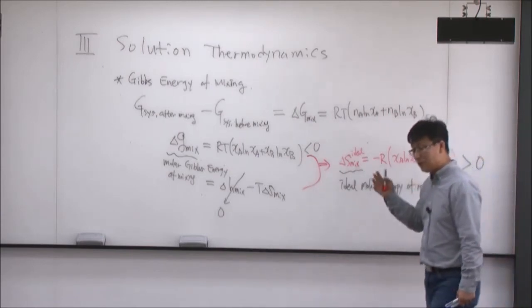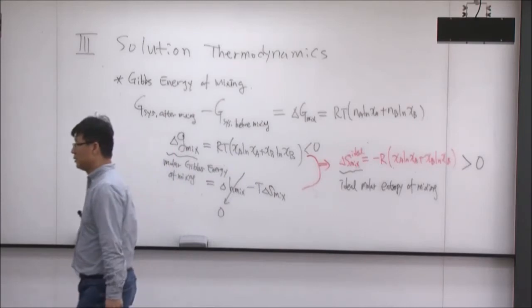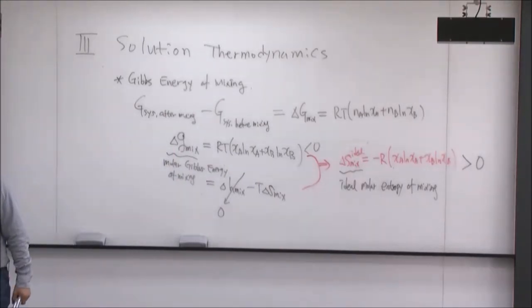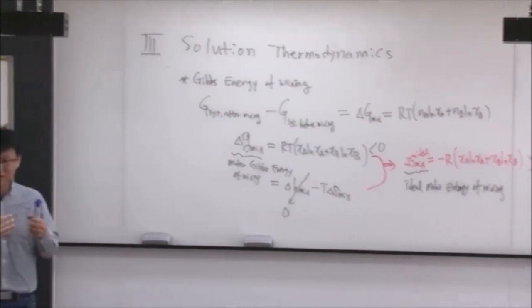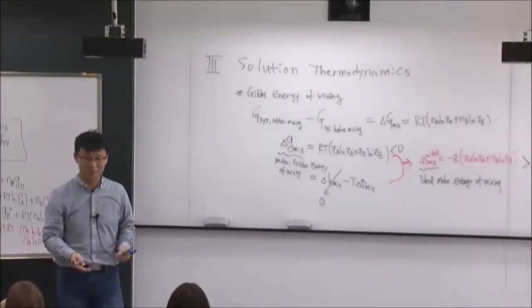So, in reality, whatever material you have, it's impossible to get a pure material. There's always some defect or some impurity, because the ideal mixing entropy term, making randomness, or making impurity, actually decreases the energy all the time.